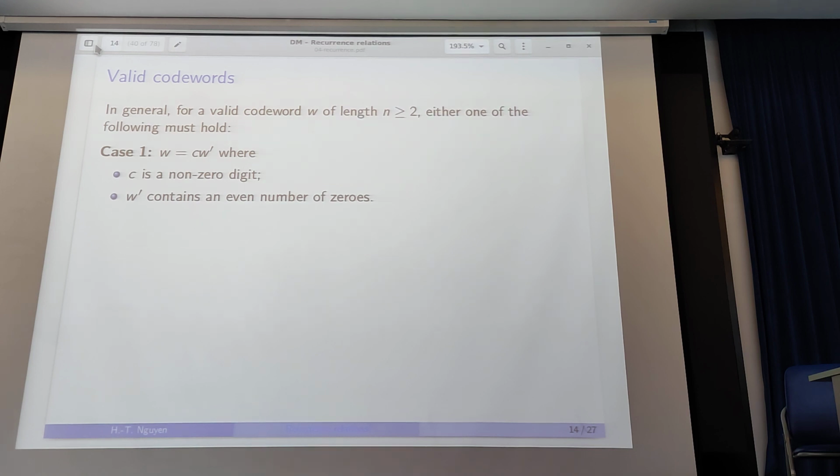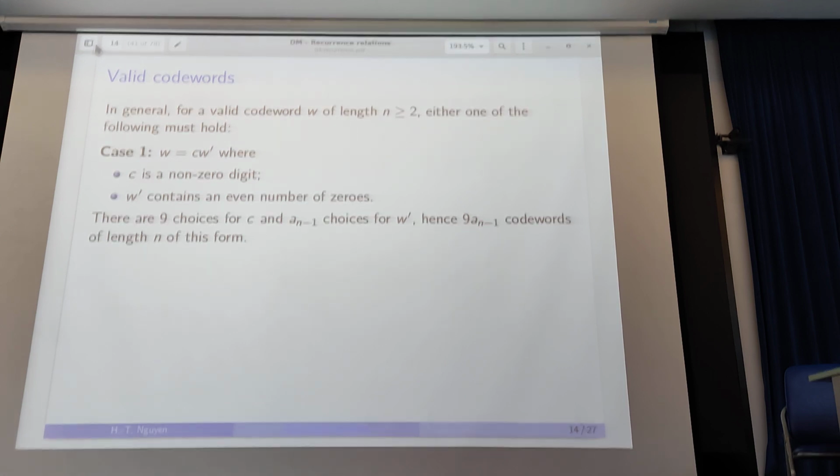You have 9 choices. And we have seen that W prime is also a code word of length n-1. So that means that you have a_{n-1} choices for W prime. And now you apply the product rule and get 9 times a_{n-1} code words of this type.